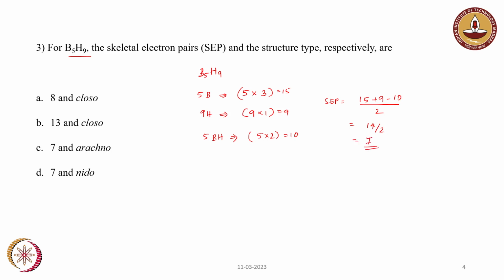So there are 7 skeletal electron pairs, and we have B5H9. In B5H9, n is 5 and SEP equals n plus 2. So 5 plus 2 is 7.